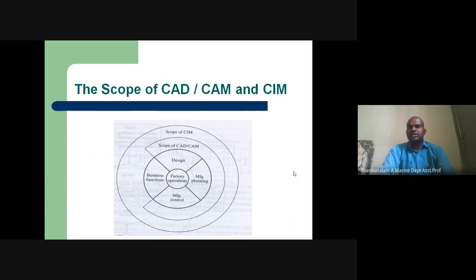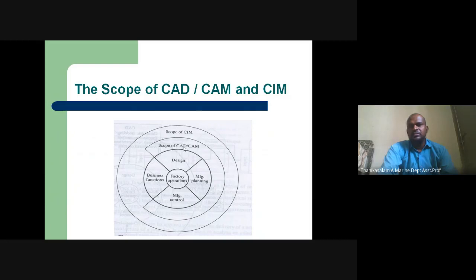See, this is the wheel. It shows the scope of the CIM. At the center of any industry or factory are the factory operations. What are the factory operations? Design, manufacturing planning, manufacturing control, and business function.